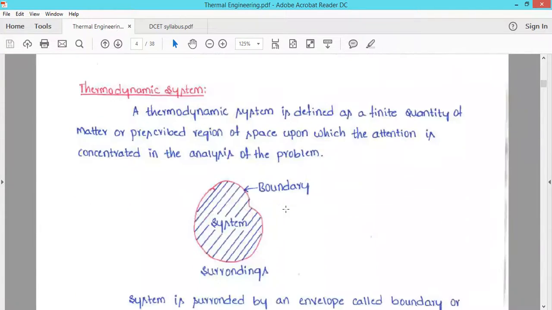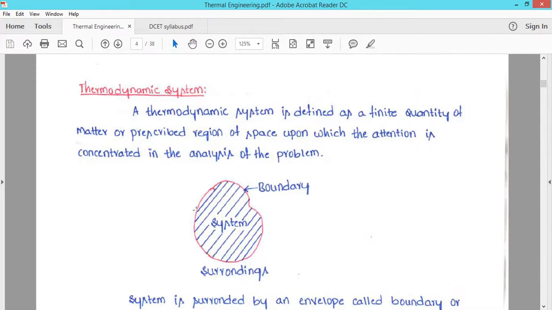First, let's discuss the system. A thermodynamic system is defined as a finite quantity of matter or a prescribed region of space. It may be any space enclosed by some boundary, or any quantity of matter, upon which the attention is concentrated in the analysis of the problem. See this schematic diagram here.